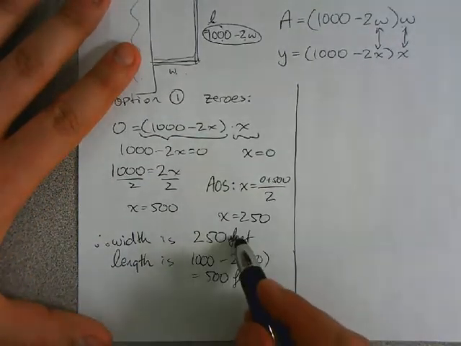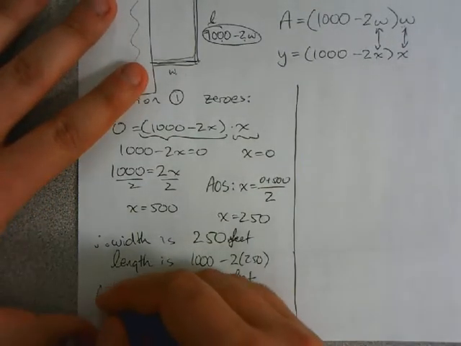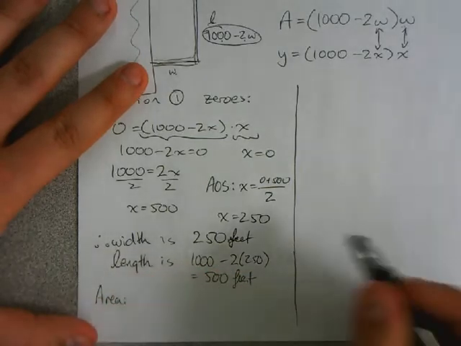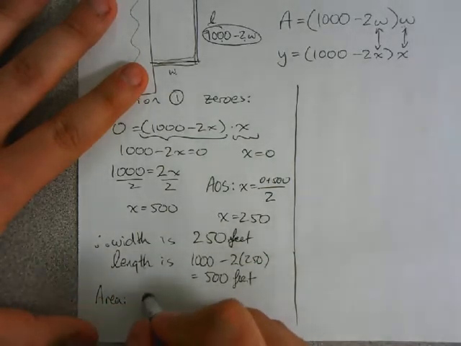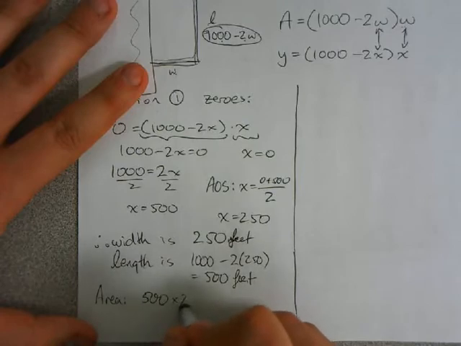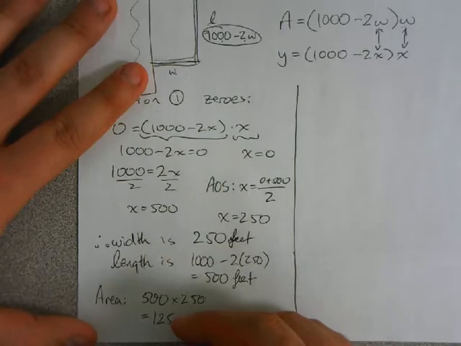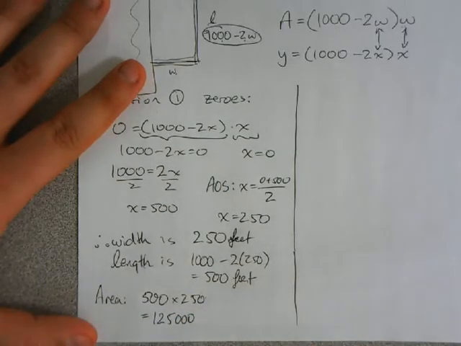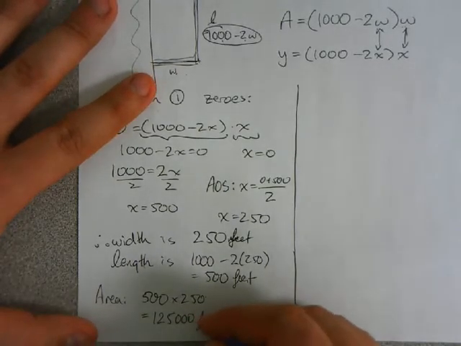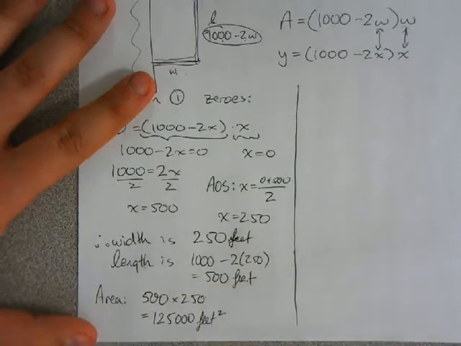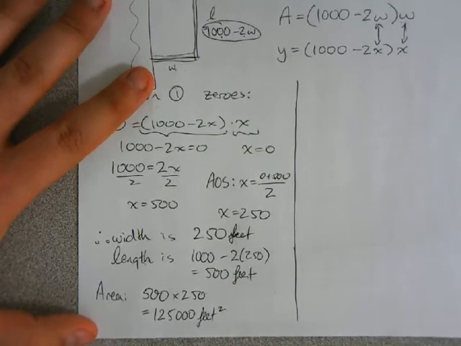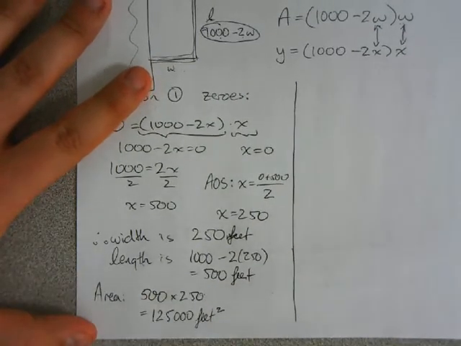So 250 feet, 500 feet, and that means that the area is length times width, which is 125,000 square feet. So that's one way that we could find the area.